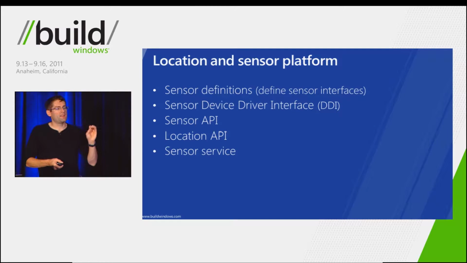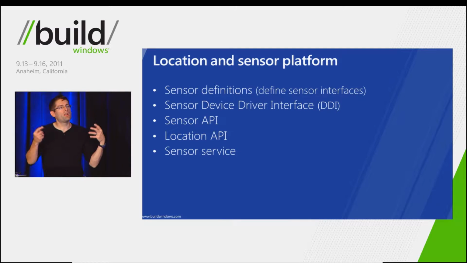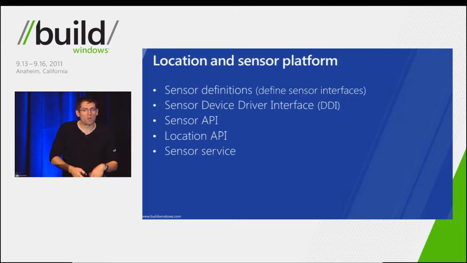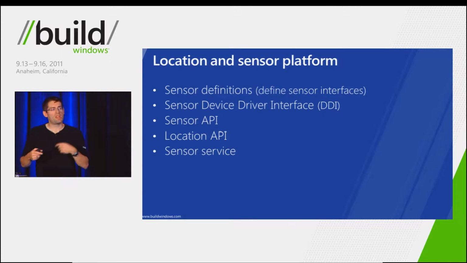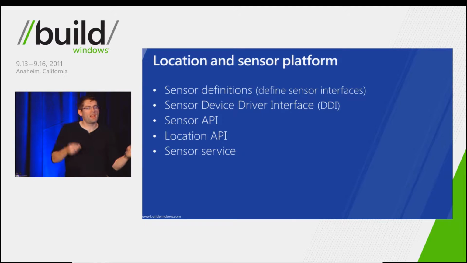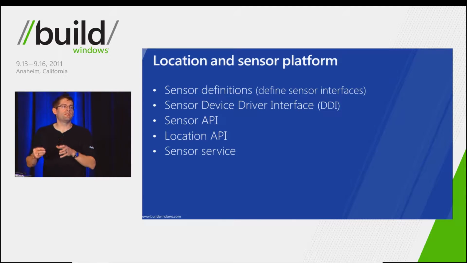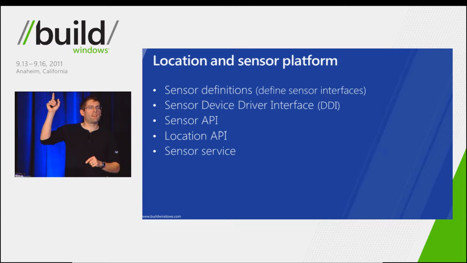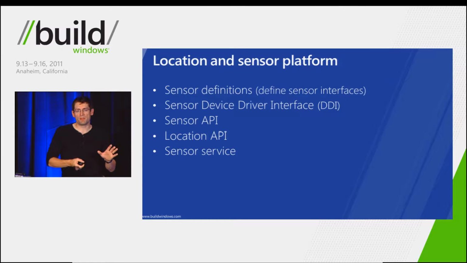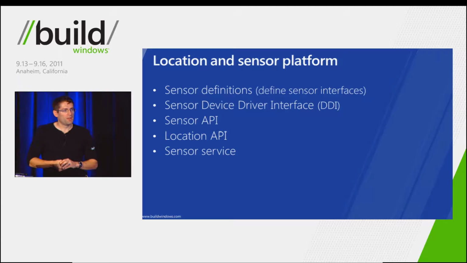We've also got the Sensor Device Driver Interface, or DDI, which really boils out all of the redundant code that you would need to include in your driver, all of the common interactions that are shared among sensor drivers, and it provides that in a utility library. So there's a simple outgoing interface that you use from your UMDF driver, which is a user mode driver. We'll talk about that a little bit more when we talk about the architecture.